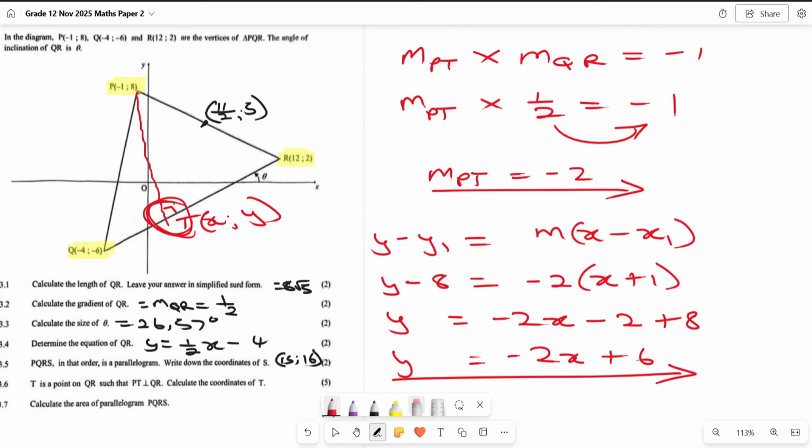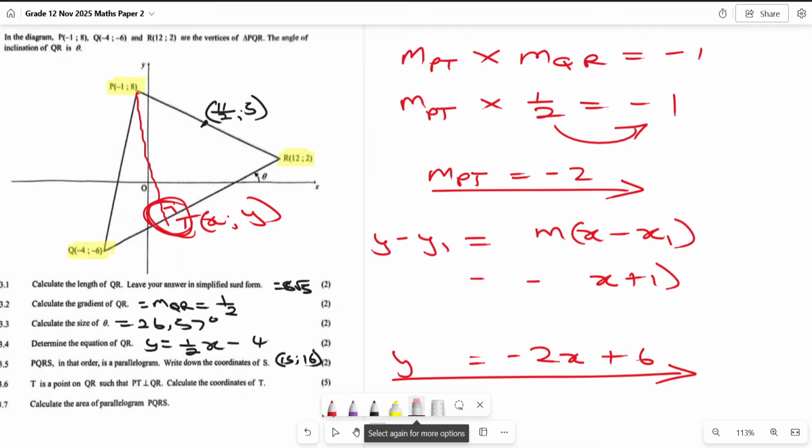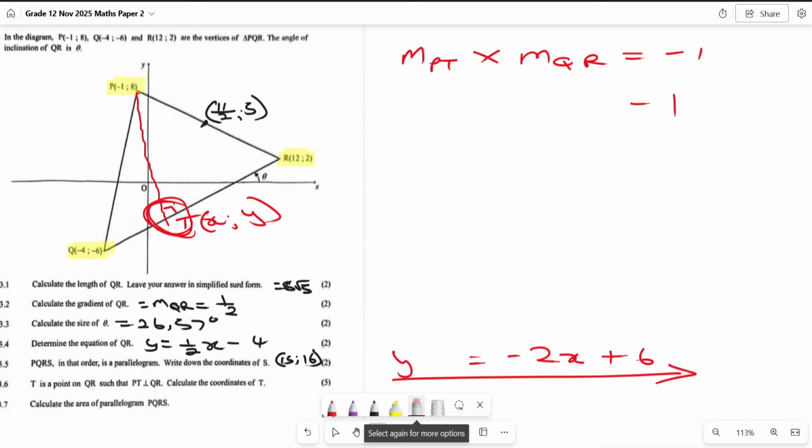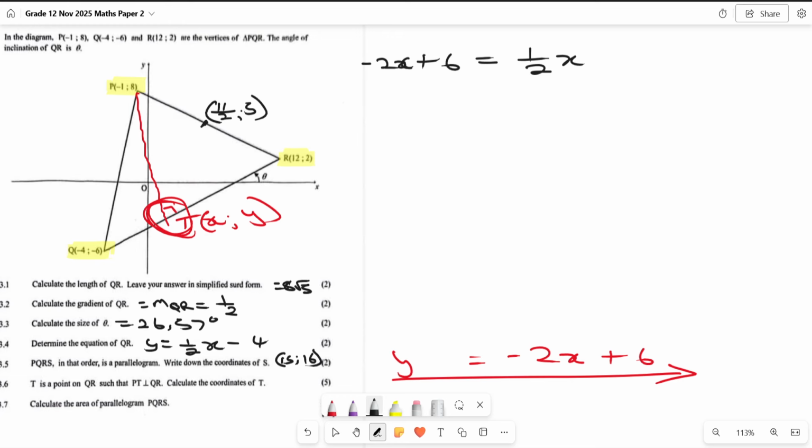And we have the equation of what else? We have the equation of QR. So these two lines are intersecting. That means that they share the same x and the same y value. So we have to equate the two equations, the equation of PT and the equation of QR. So basically I'm going to say minus 2x plus 6 is equal to 1 over 2x minus 4.